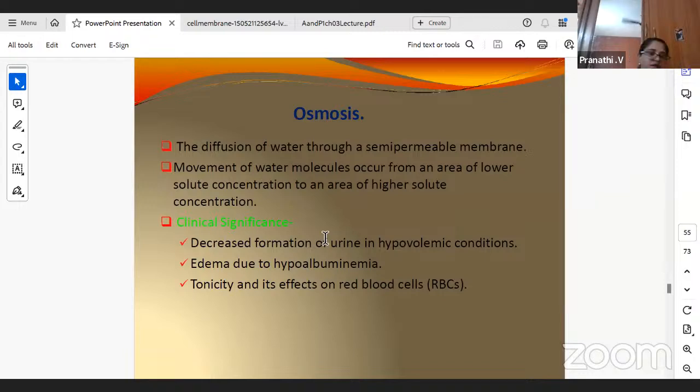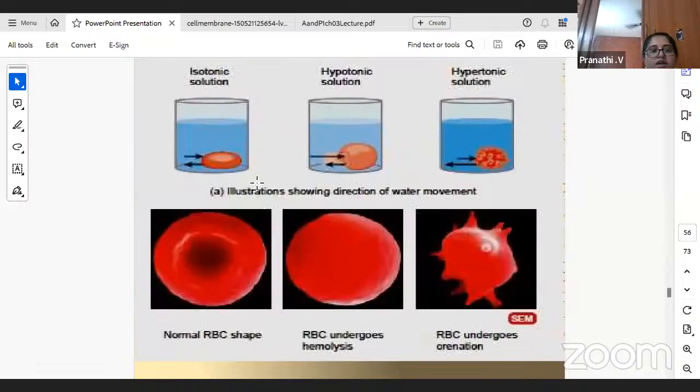Edema can be because of another issue, that is hypoalbuminemia. So you have albumin, globulin, different proteins that are present. If there is a small amount of albumin, it causes edema. Tonicity and its effect on the red blood cells is also where osmosis is important. So isotonic solution has the same solute concentration as the solvent concentration.